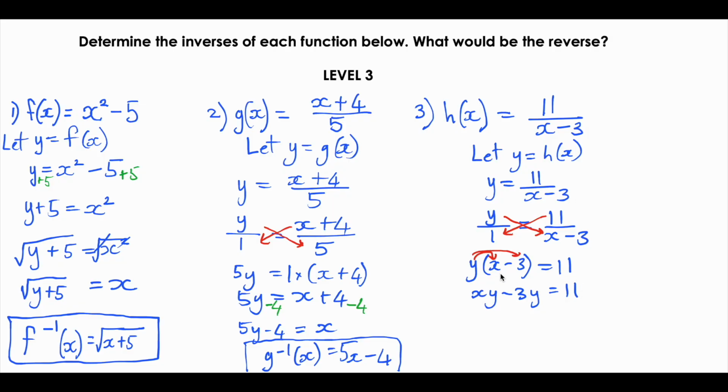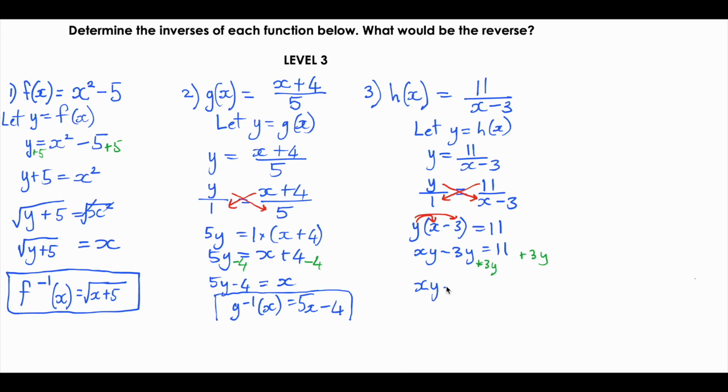Remember, we need to get x by itself. So right now, what we have is the xy. So we need to keep that on that side because that's the only thing with an x on it. So we got to get rid of the minus 3y. So we just add 3y to both sides in that case. That would leave me xy is equal to 11 plus 3y.